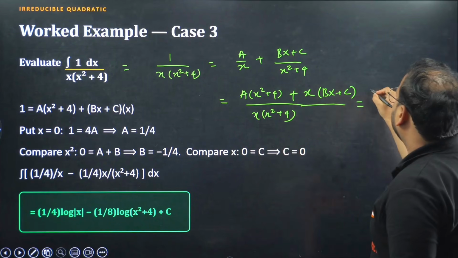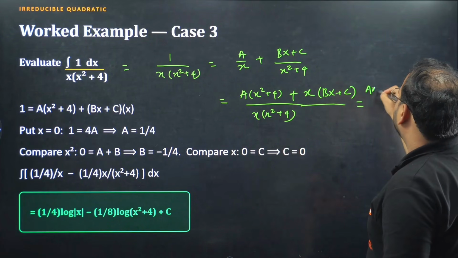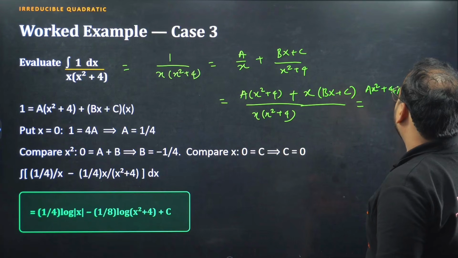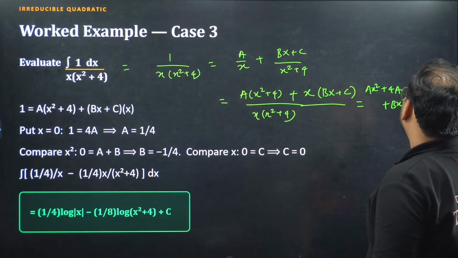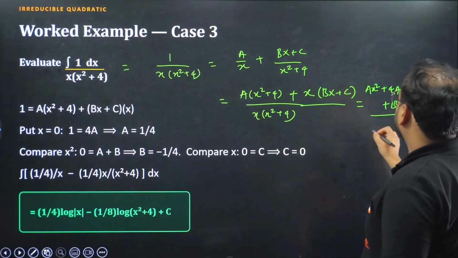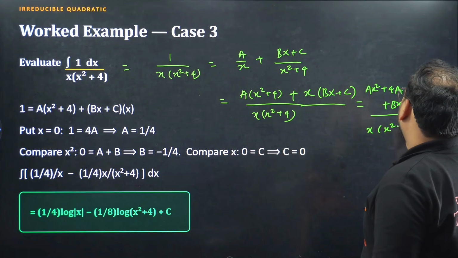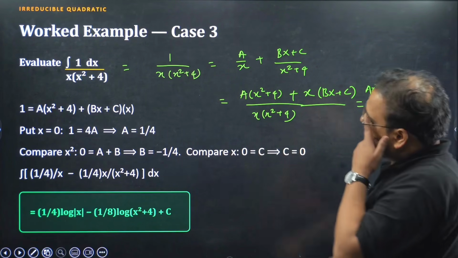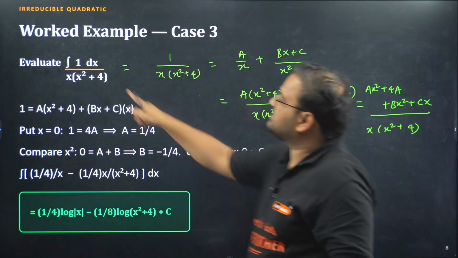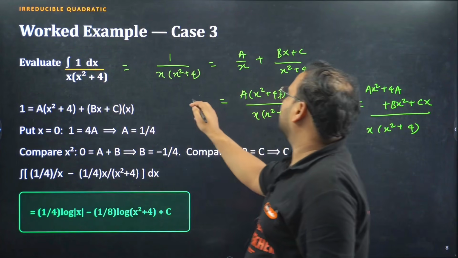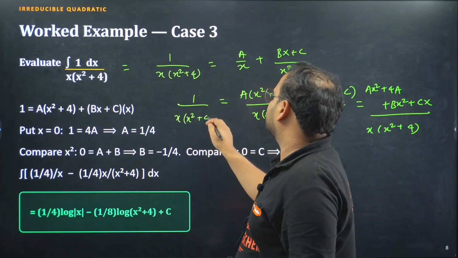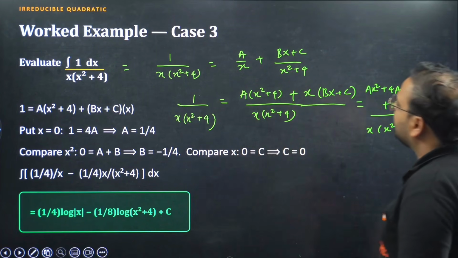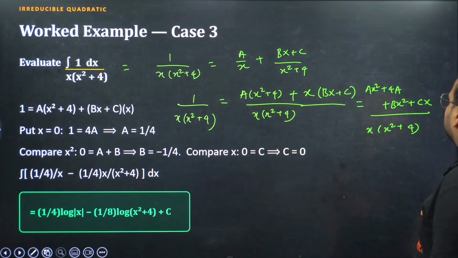You'll have a x square plus 4a, plus bx square plus cx, upon x times of x square plus 4. Please compare the coefficients, because you have the coefficient as 1 only. If you look at this side, it is only the constant 1. Compare, guys, and check the answer.